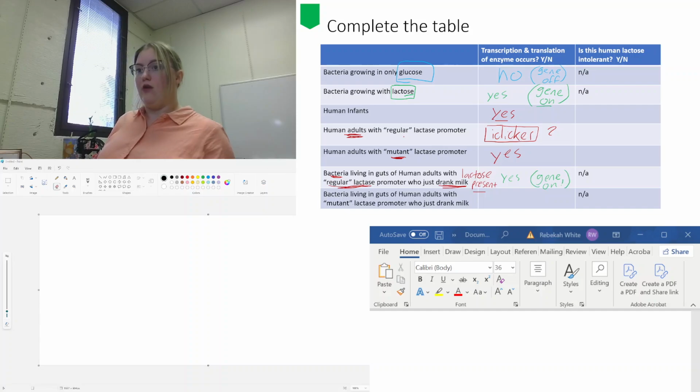Now, bacteria living in a human adult gut who have a mutant lactase promoter, remember the mutant lactase promoter allows lactase expression, so that human is not going to have any lactose left in their gut. And remember, if there's no lactose, there's no bacterial expression, right? So no.